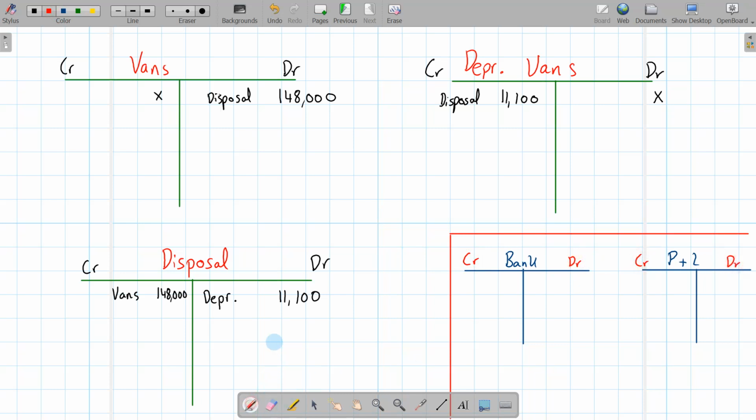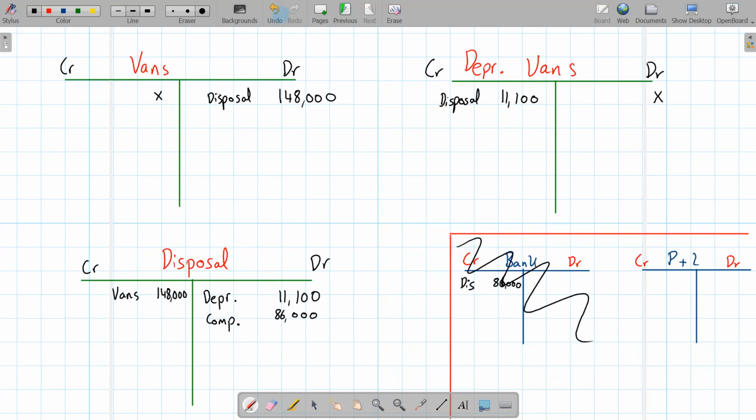If our bank account increases by 86,000, we know the double entry is going to affect the disposal account. If we're receiving money, it goes into the debit side of the bank, so the double entry goes into the credit side of the disposal. So compensation of 86,000.